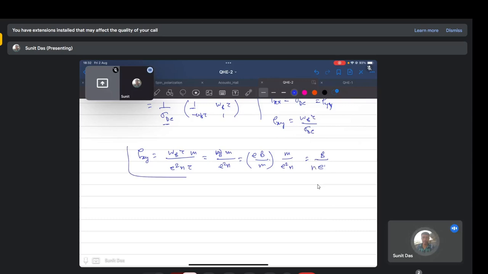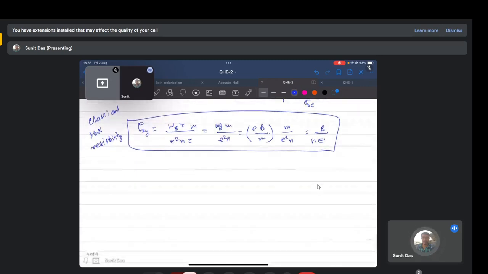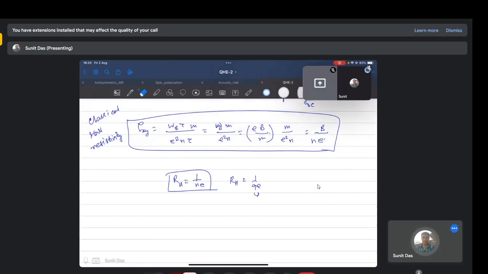This is the classical Hall resistivity, where 1 by ne is the Hall coefficient. In general, the Hall coefficient is 1 by nq, where q can be the electron or the positive charge, holes basically. But for electrons, this is simply 1 by ne.